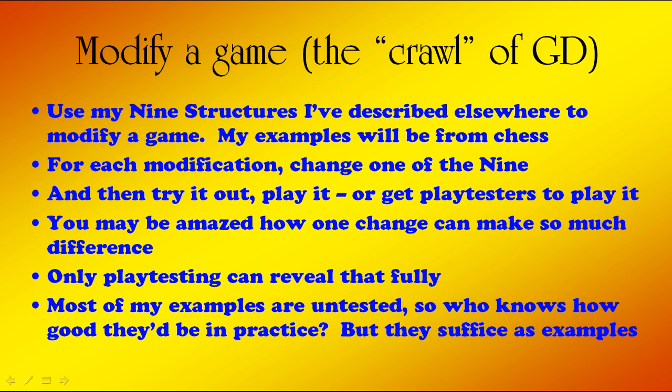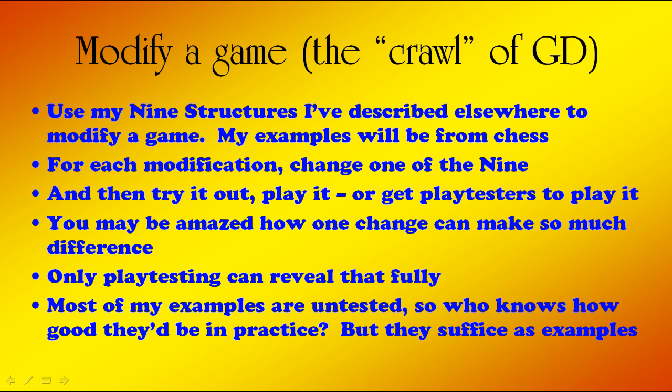So, we are going to modify a game, which is the crawl stage of game design. And we're going to use my 9 structural subsystems of games to help guide us to modifying a game. The examples I'm going to give you will be from chess, but you can pick whatever game you have that you can modify and then test to see what your modifications have done.